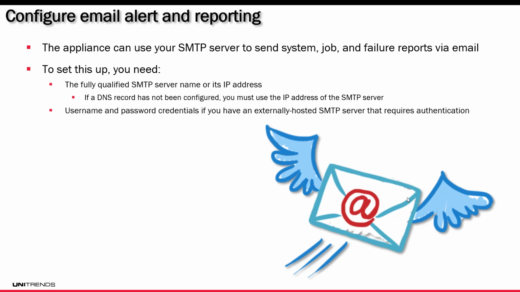You also have to have a username and password credentials if you have an externally hosted SMTP server that requires authentication. You also want to make sure you run a valid email address test as well. Make sure you get that welcome message from the appliance. You also want to make sure you have destination email addresses to receive those reports, too.